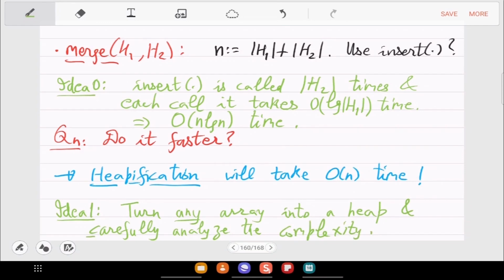Okay, so what does careful analysis mean? So this we will see. It will be a nice estimation which will come out to be linear time. It will use the properties of the complete binary tree.